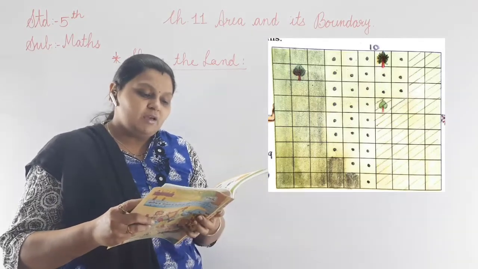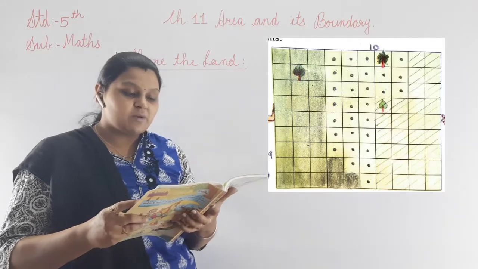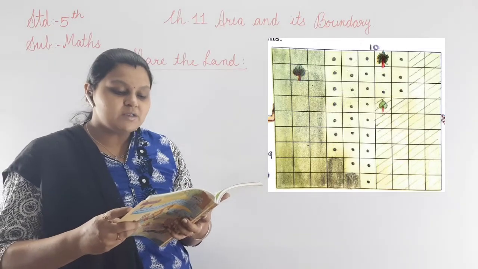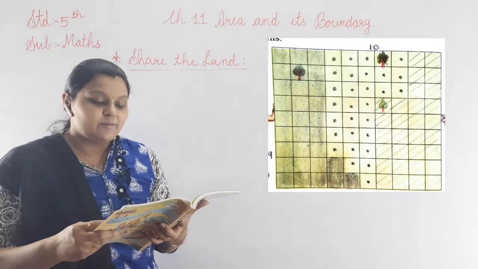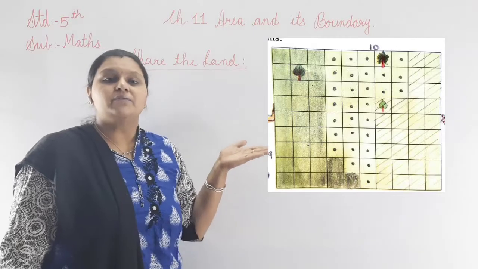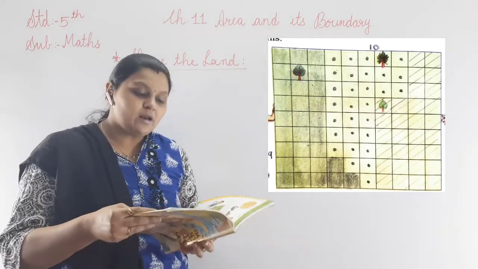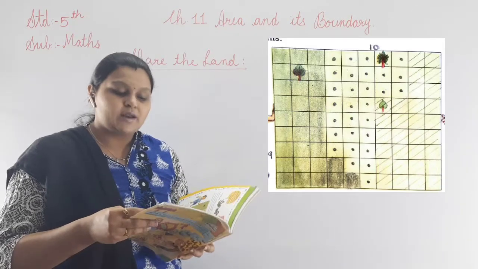Second question: if each square on this page is equal to 1 square meter of land, how much land will each of her children get? So what I told you, 90 divided by 3, that is 30 square meter. So each of them will get 30 square meter.